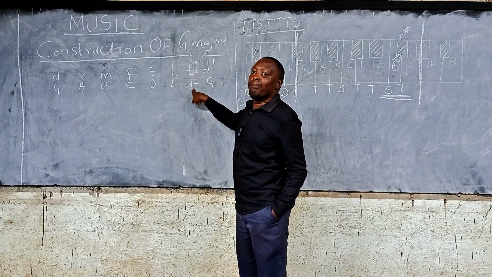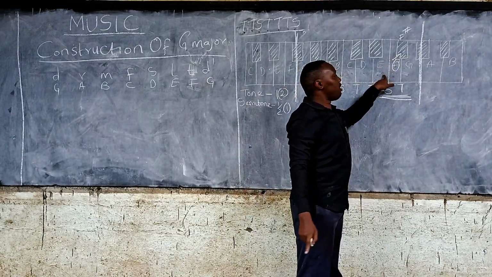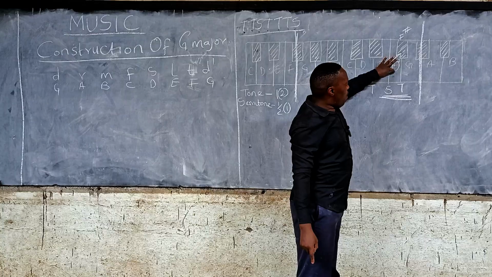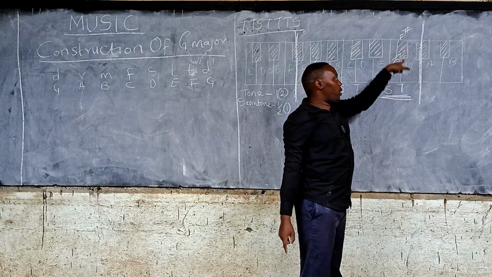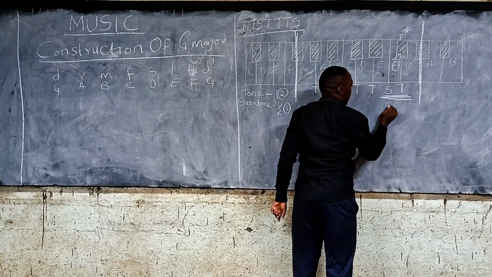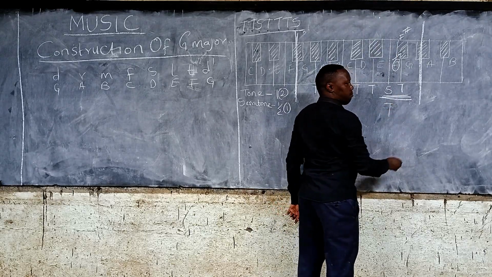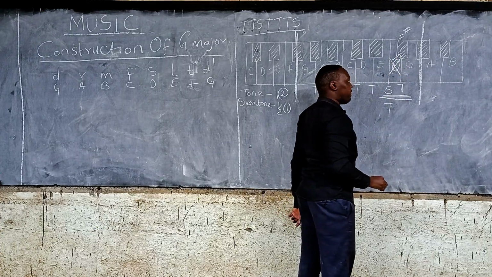This ti will not be F. It will be F sharp because we want how many steps? One, two. That's why we have moved from F to F sharp. Then it will change and it will become our tone. So this one now is invalid. I hope you can get that.